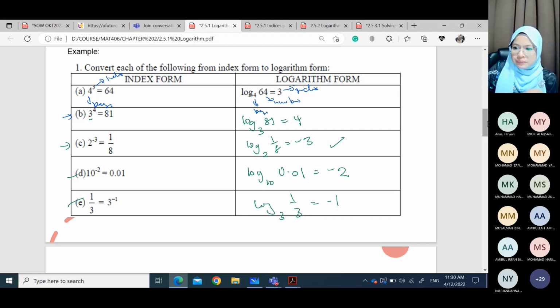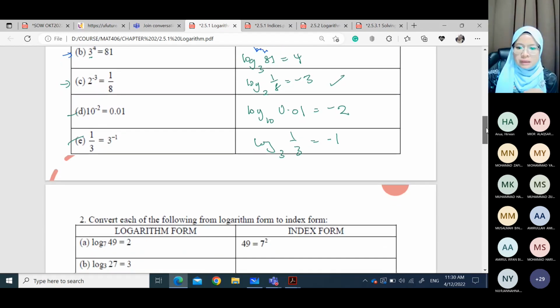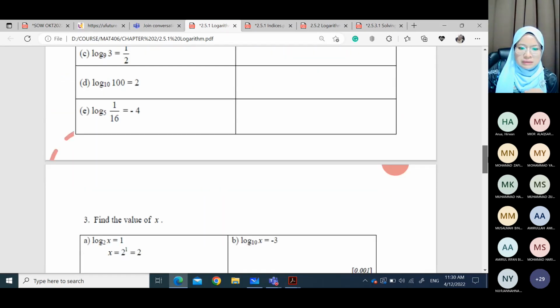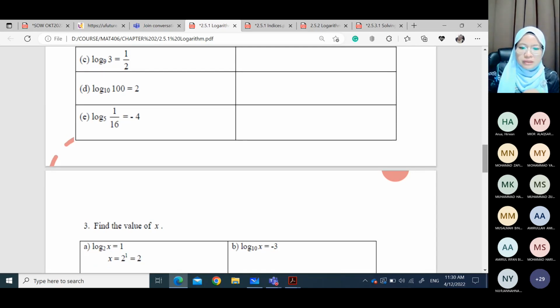Okay, contohnya, for example, kita ada 3 kuasa X sama juga dengan 27. Okay. 3 kuasa X sama juga dengan 27. So base dia 3. So index dia X and the value here is 27.